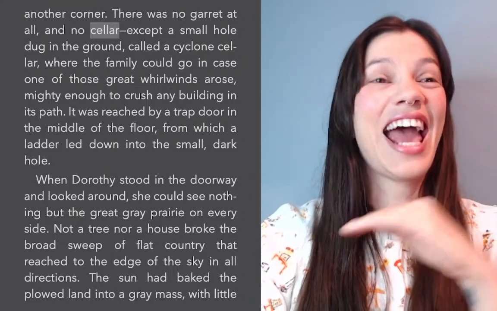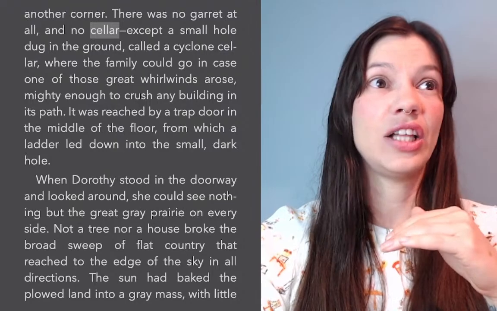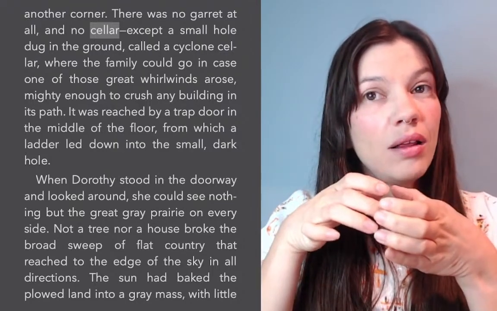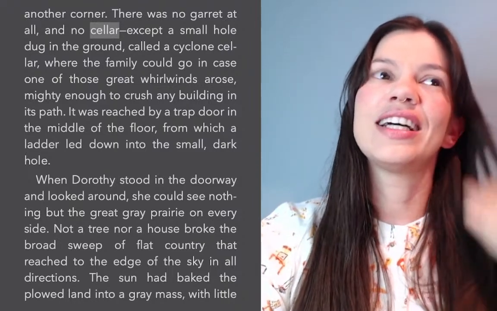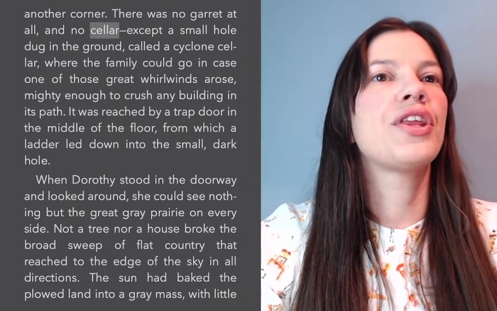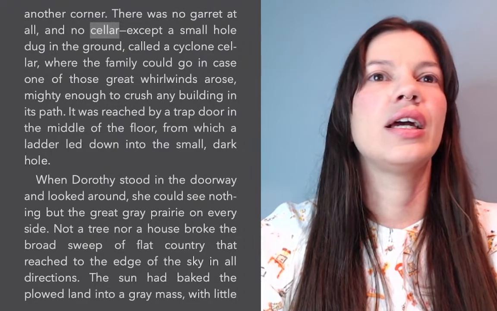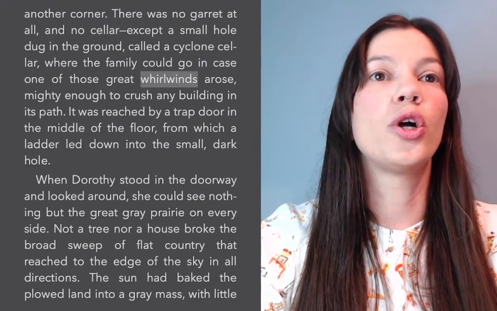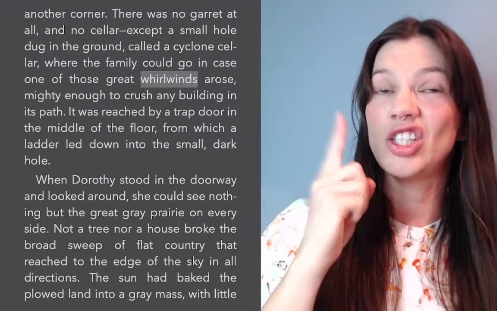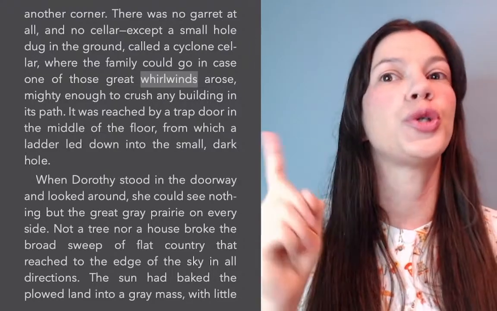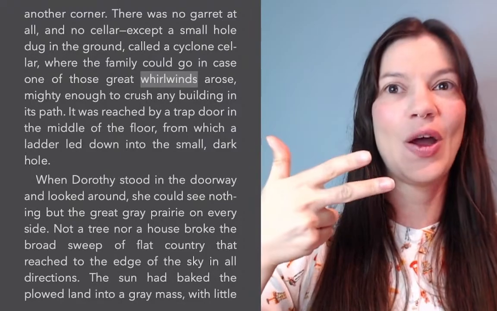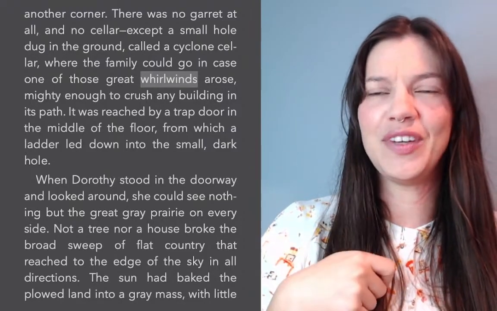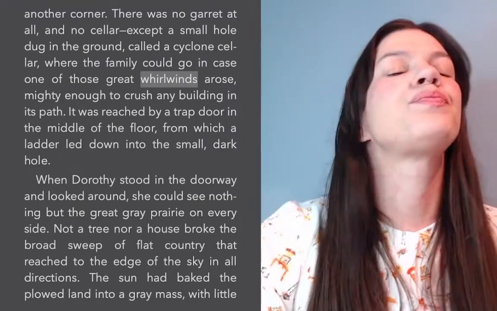So they're saying they didn't have a cellar. They just had a small hole in the ground that they called a cyclone cellar, where the family could go in case of one of those great whirlwinds. This is talking about the twister or tornado again. Cyclone, twister, tornado. I think they say twister in the movie. They say, it's a twister.